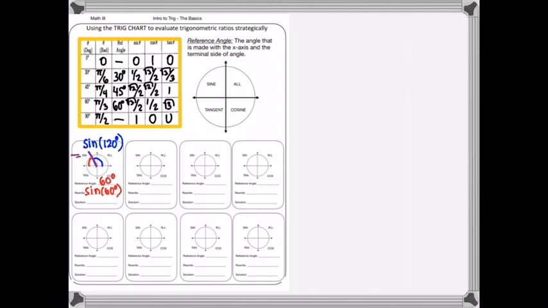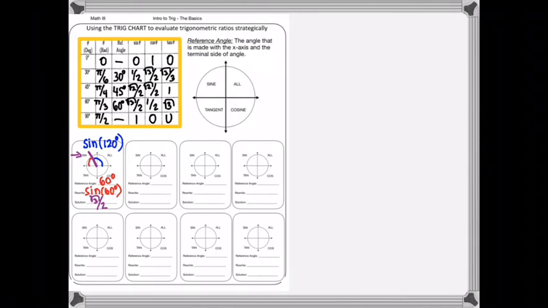Notice that it's landed in Sine's quadrant, so that means the result is going to be positive. Then I just need to look up top and find the sine of 60 degrees, which is going to be the square root of 3 over 2.